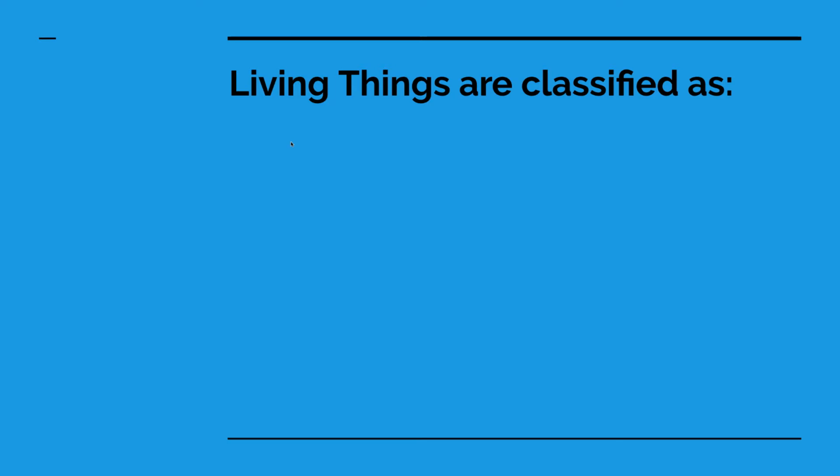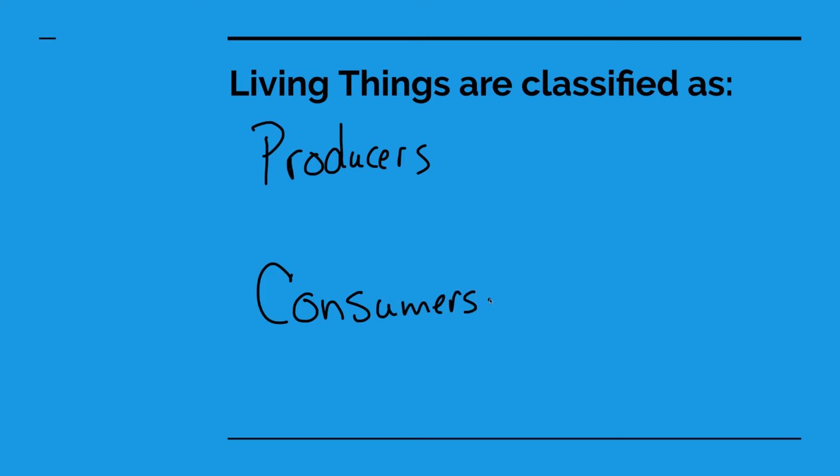Living things are going to be classified in two different ways. There's something called producers and something called consumers. Sometimes you hear of consumers as what people are when they go shopping. They buy things, and that's called consuming them. A producer is a living thing that makes its own food.